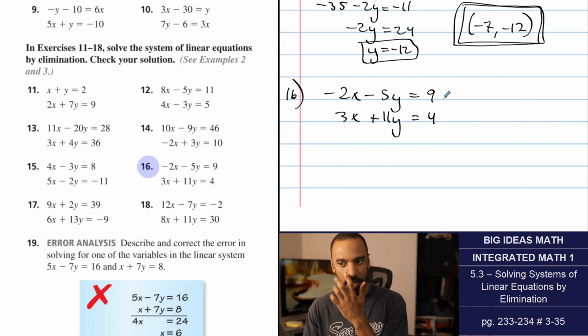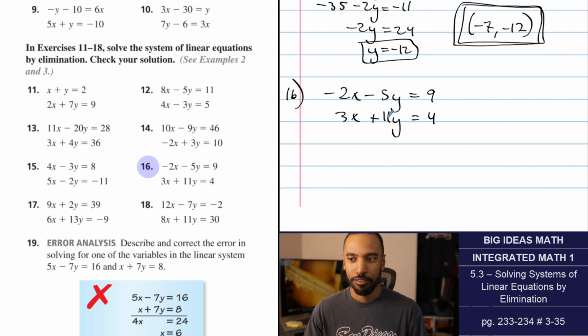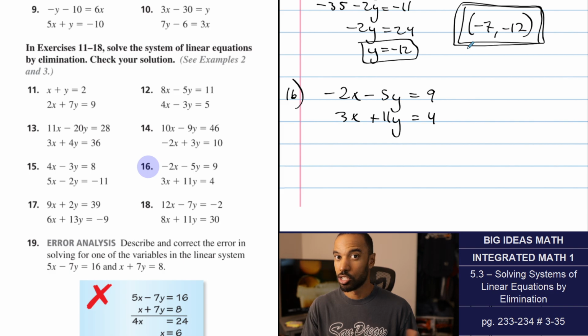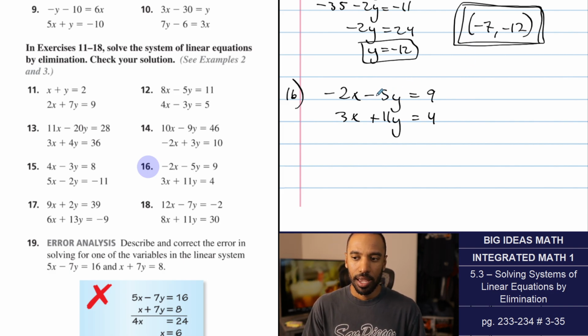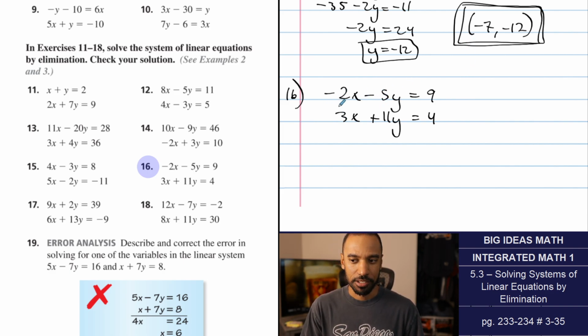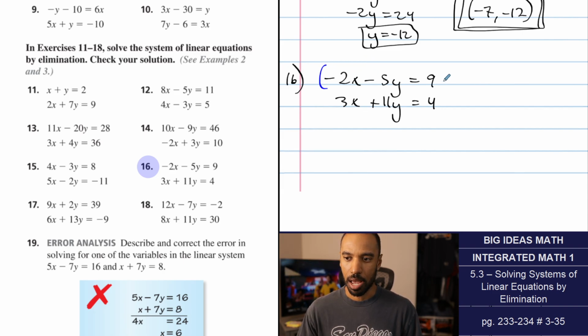Okay, variables don't eliminate. Let's eliminate x or y, though. 5 and 11 have a common multiple of 55. Kind of bigger than 6, so I'd like to eliminate the x's instead here. Let's multiply the top equation, and they're opposite signs already, but they are for y's as well, by 3 on top, by 2 on bottom.